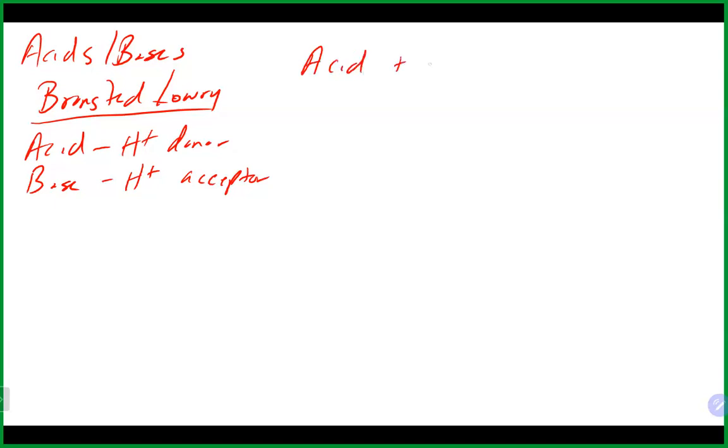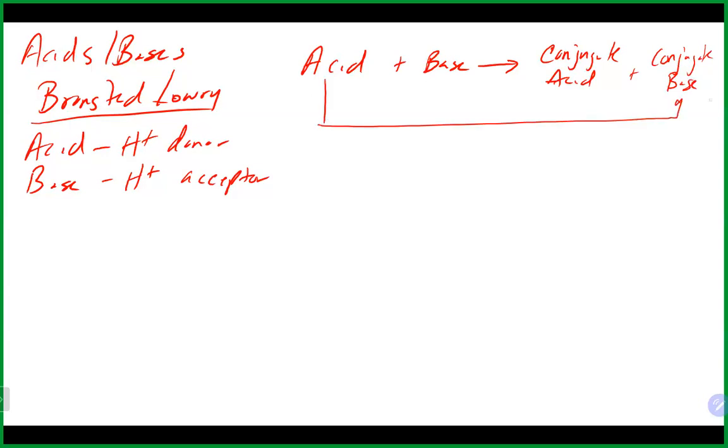So when we have an acid and a base, they create what are referred to as the conjugate acid and the conjugate base. Basically, the acid on one side is related to the conjugate base on the other side, while the conjugate acid is related to the base on the other side.